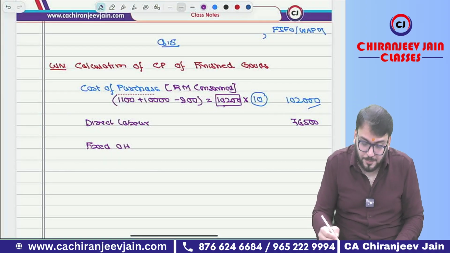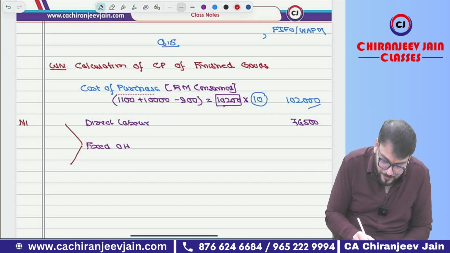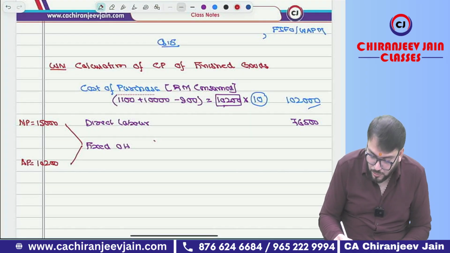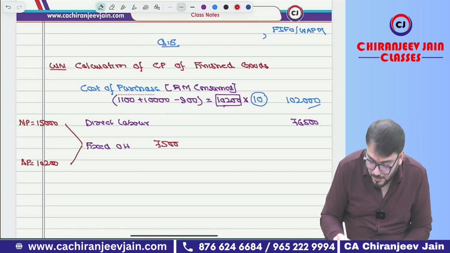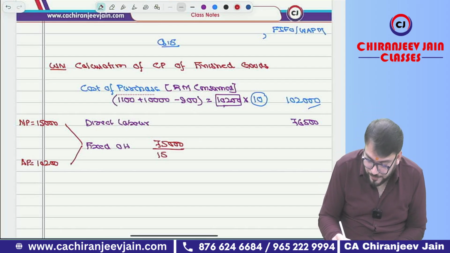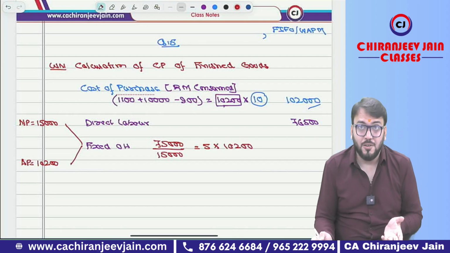It means normal production is 15,000, and actual production is 10,200. So you will do 75,000 divided by normal or actual, whichever is higher. You will do 15,000. So it will be rupees 5 per unit multiplied by 10,200. That only you will do.